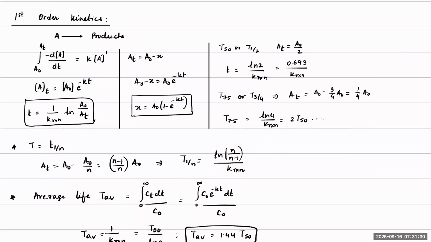Check out first order. First order is about A giving products, A naught to At. If I bring this A to the left hand side and integrate that, you will get A naught into e raised to power of minus Kt.